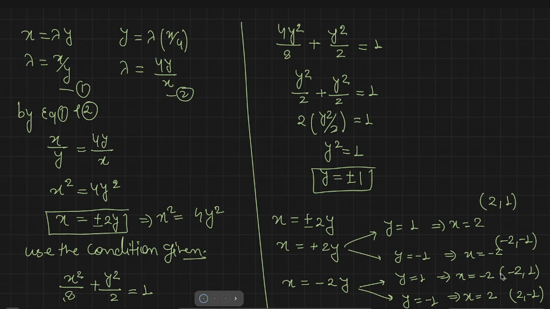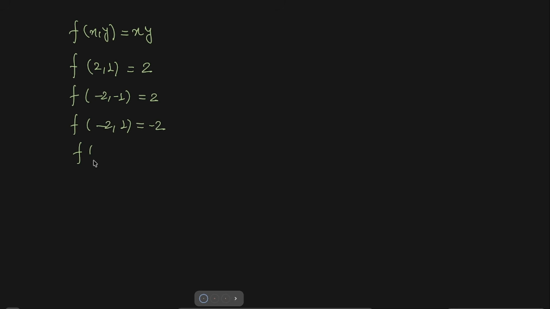Now you find out the value of the function at the 4 different coordinates. Your function is f of x comma y equals x into y. So put at 2 comma 1, that is 2; at minus 2 comma minus 1, that is 2; at minus 2 comma 1, that is minus 2; and at 2 comma minus 1, that is minus 2.